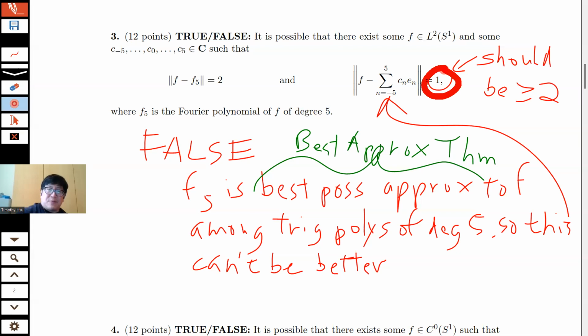And this represents the size of the error in the approximation between f and whatever this is. So the best approximation theorem says that this is as good as it gets if your approximator is a trig polynomial of degree 5. And so there's no way that this can be better, because an error of 1 is better than an error of 2. So that makes sense?